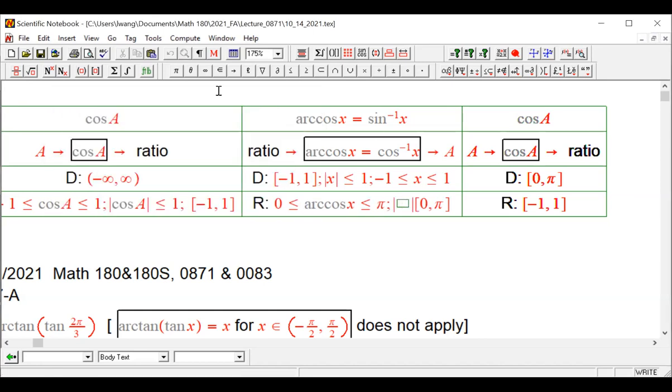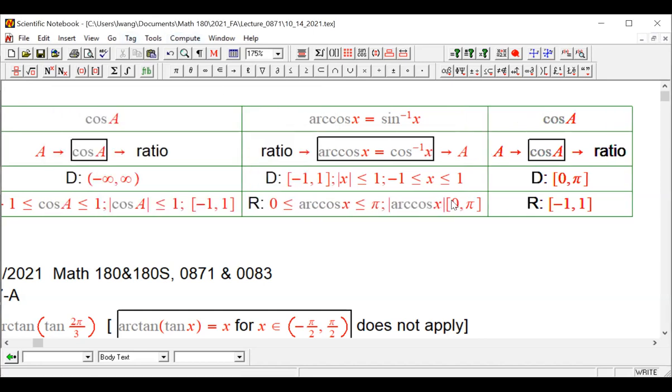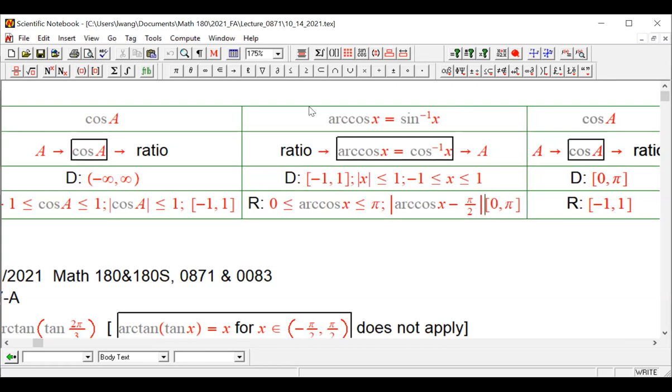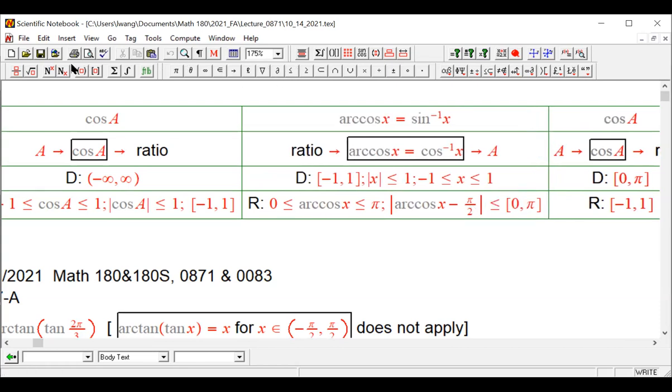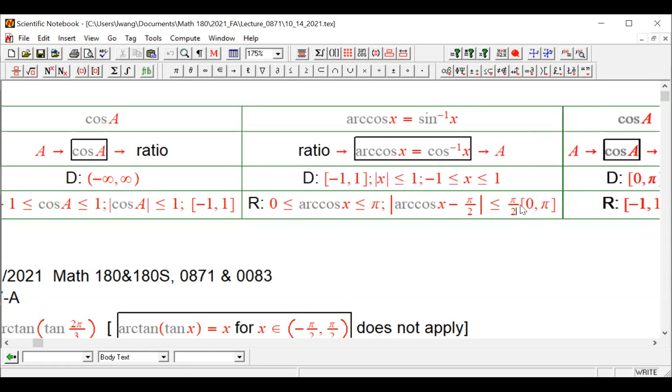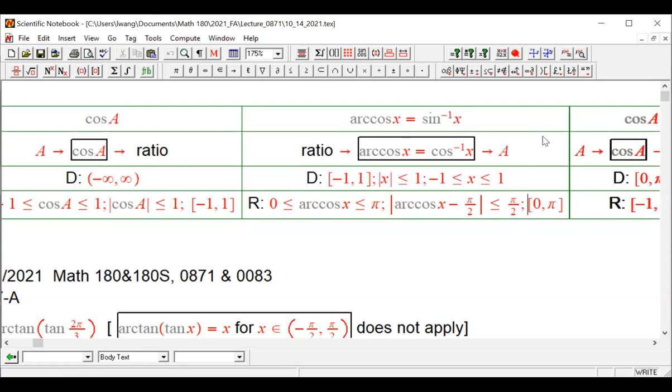ArcCosine minus pi over 2 less than or equal to pi over 2. There's not a whole lot of application to it, but it depends on the depth you learn in calculus.